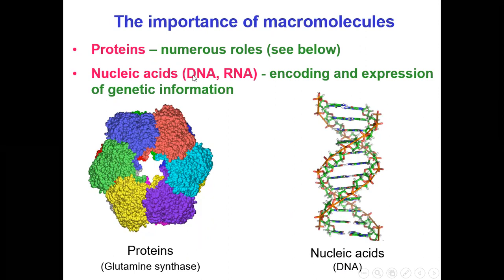DNA, you probably know, is the molecule responsible for encoding the genetic information in all living organisms. And RNA, which is actually a group of molecules, is responsible primarily for expressing this genetic information encoded inside DNA. The building blocks of nucleic acids, both of DNA and RNA, are called nucleotides.